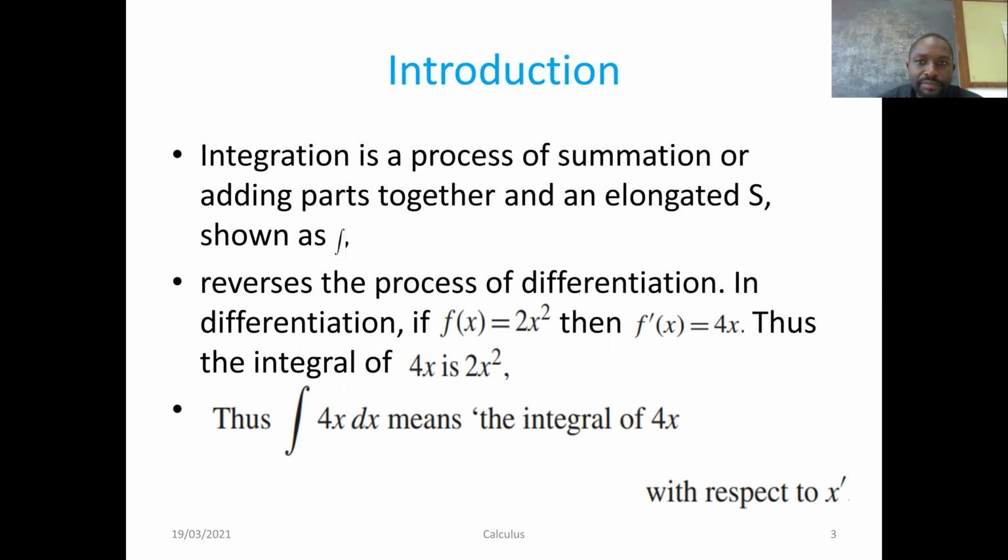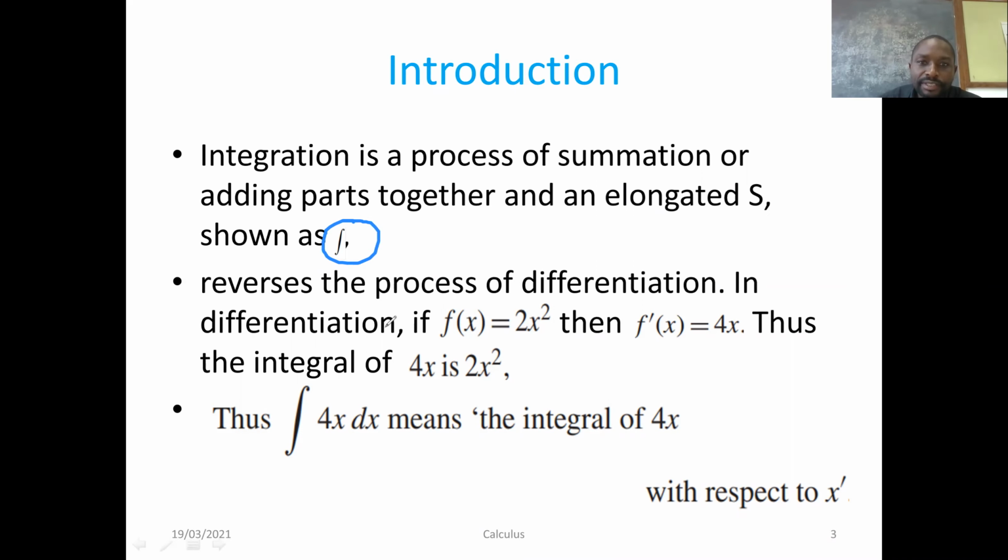Integration is a process of summation, or adding parts together, and usually an elongated S, which is shown by this symbol, is used to denote integration. The process of integration is essentially a reverse process of differentiation.